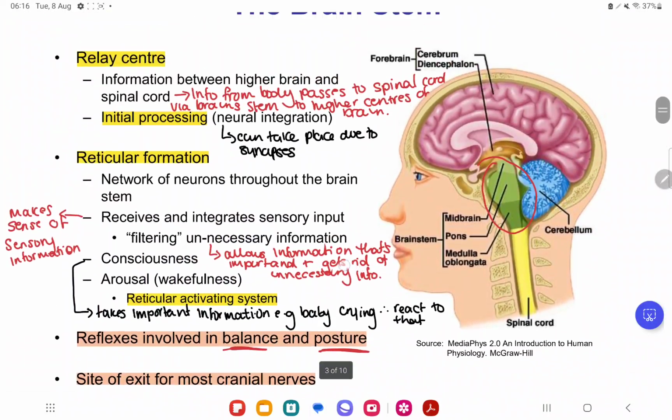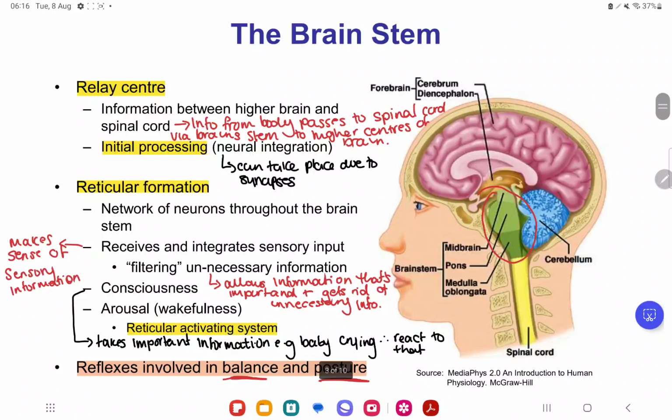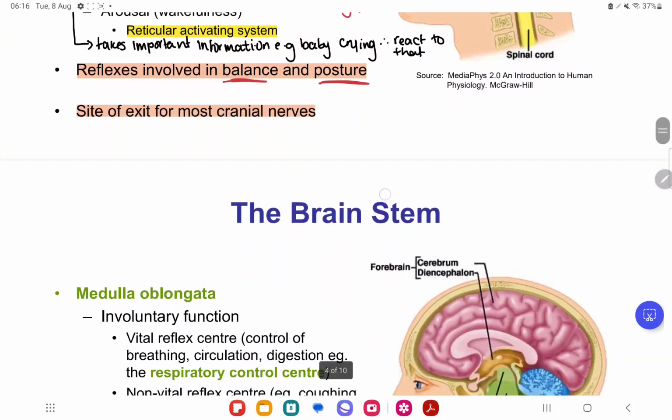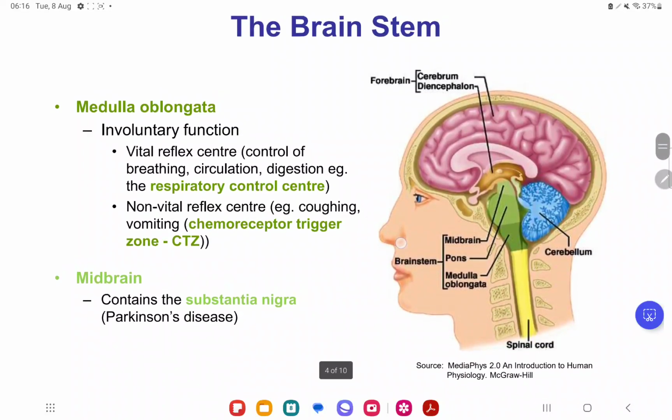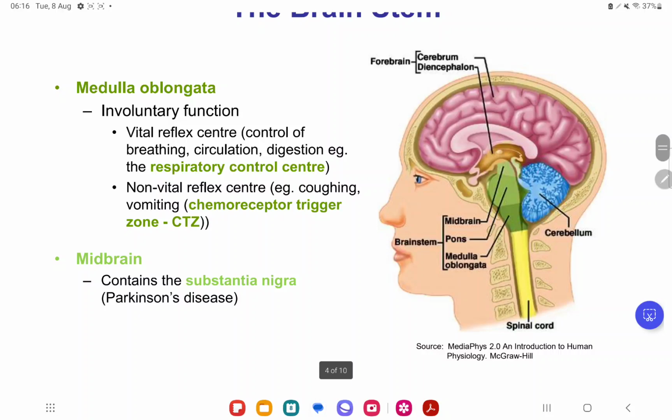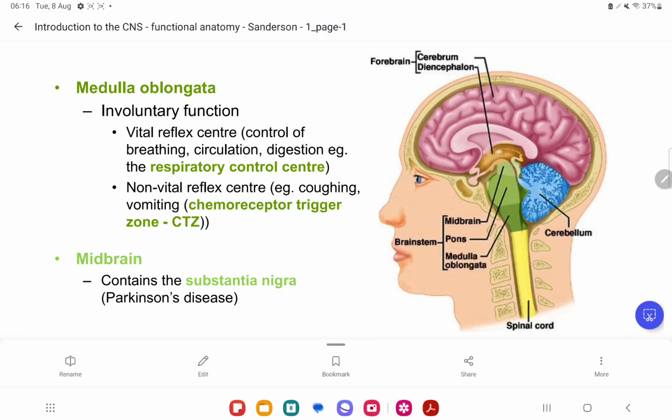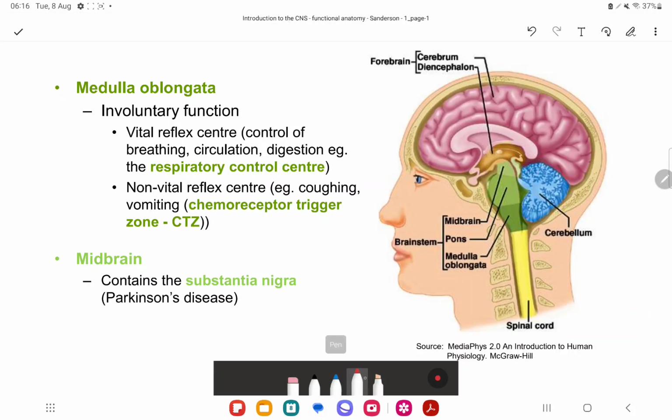So over here, we just speak about generally what the brainstem is important in. But over here, it's a bit more specific in terms of the structure. The brainstem is made up of the midbrain, the medulla oblongata, and the pons as well.